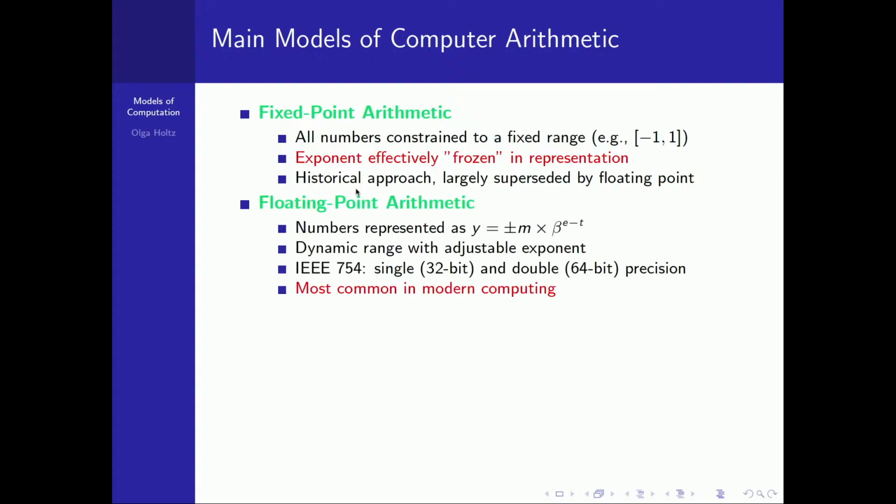Effectively what you see here is the exponent that will occur a lot in floating point arithmetic, and in fixed point the number representation happens to be frozen. You don't play around with this, you don't change it. Unlike fixed point, in floating point arithmetic you have more of a dynamic range, where your numbers are represented as follows. You have a sign, plus or minus. You have digits followed by a certain base raised to an exponent.